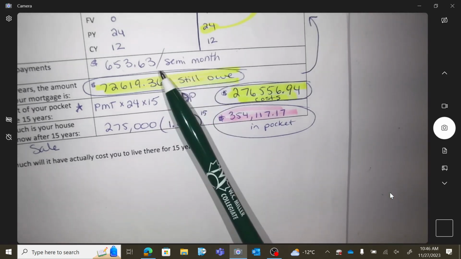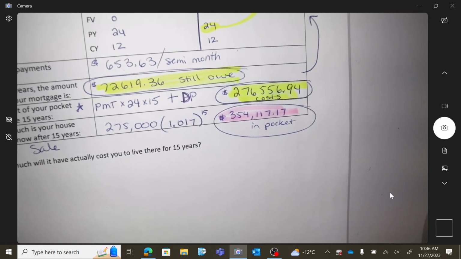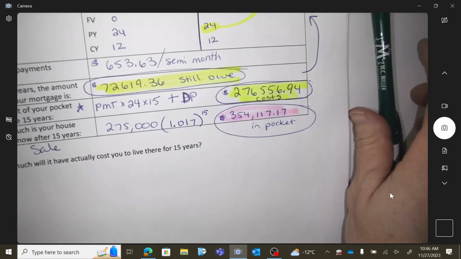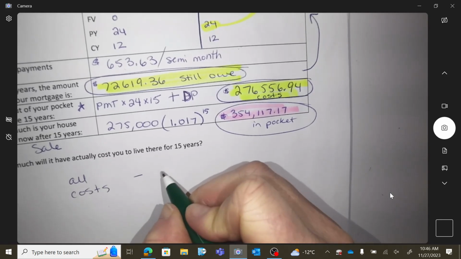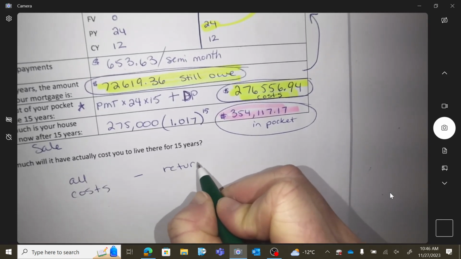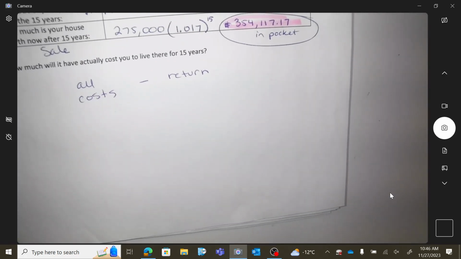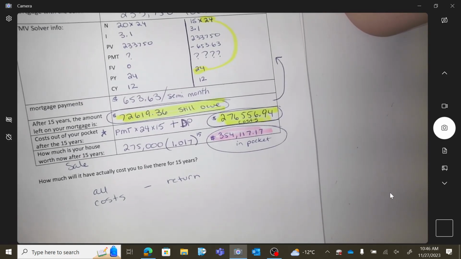So give me that, subtract that, and we'll see what the difference at the very end is. All the things that cost me money versus the money that I was getting back.